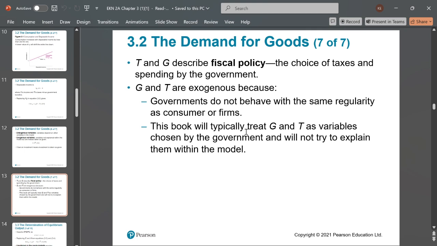So, for example, when we want to stabilize the economy, we're most probably going to increase taxes. Or when we want economic activity to increase, we are going to have more government spending. But you will see this in the following chapters. I don't really want to confuse you, but that's basically what this slide is about.